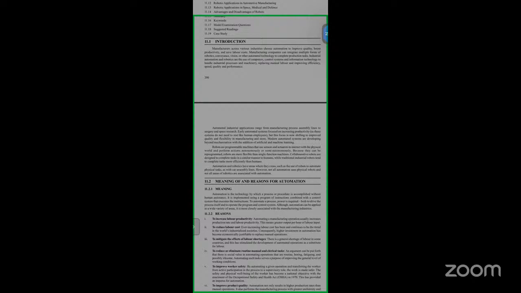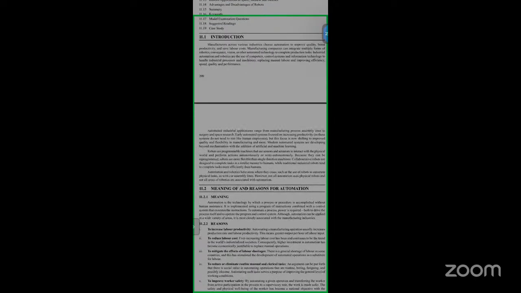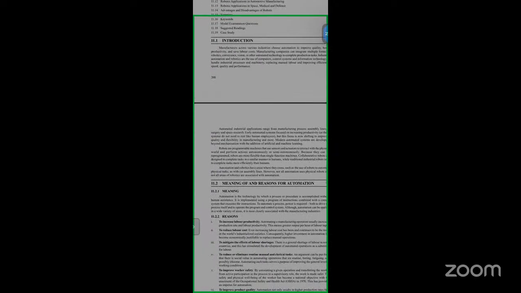Early automated systems focused on increasing productivity, and the systems do not need to rest like human employees. They are machines, yes. But this focus is now shifting to improved quality and flexibility in manufacturing and more.